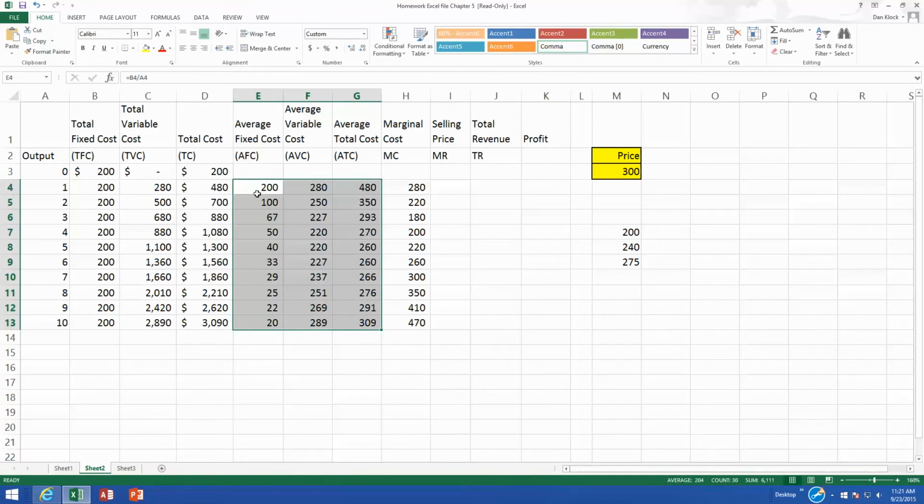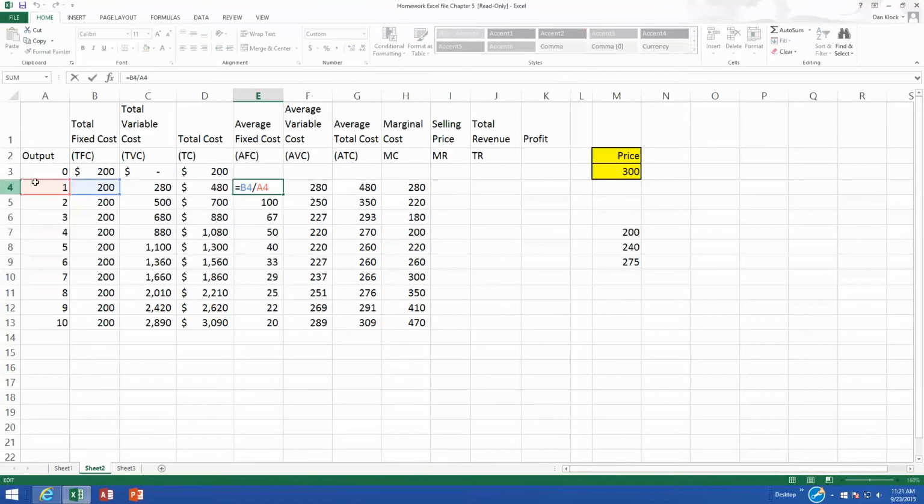So here, notice again these average fixed costs for this first one is what? B4 divided by A4. Again, the total fixed cost divided by the output. Same thing, the average variable cost is the total variable cost divided by the output. Same A4, right?